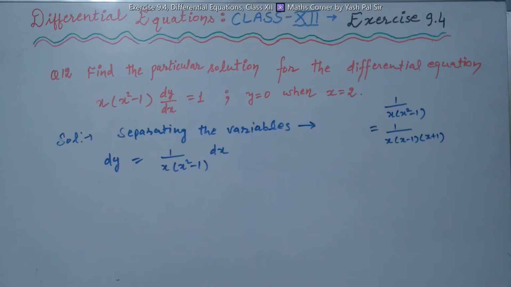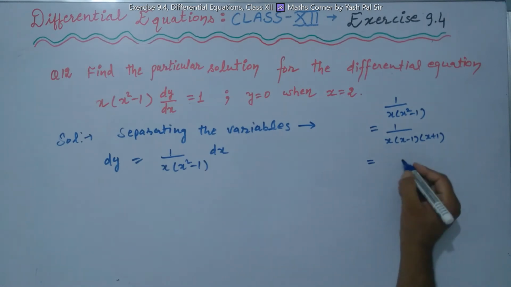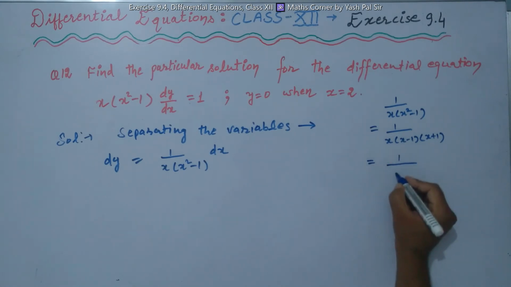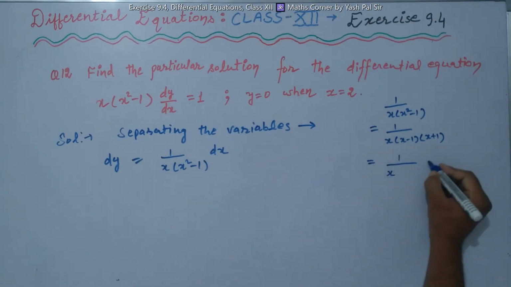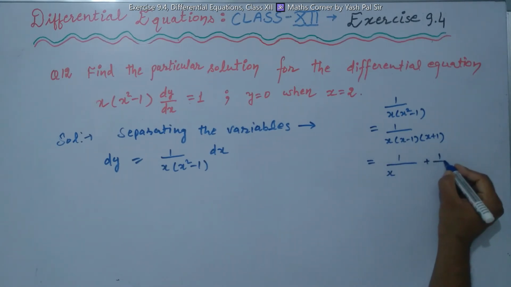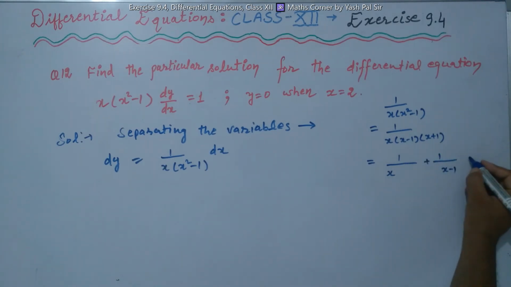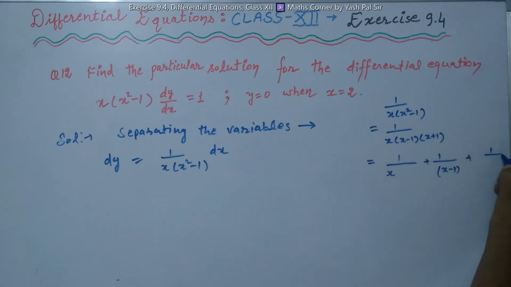Okay, partial fractions. So how to solve these questions? First of all, we know the rule. We write the first linear factor which is x. Second time we write the second linear factor which is x minus 1. Third time we write the third linear factor which is x plus 1.